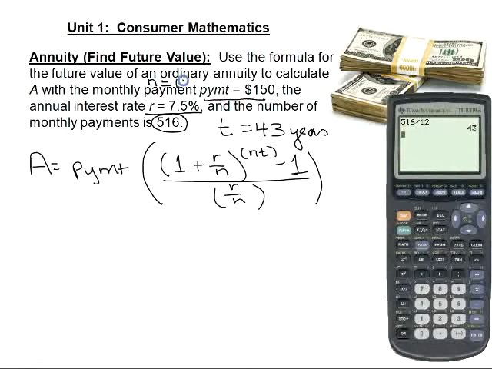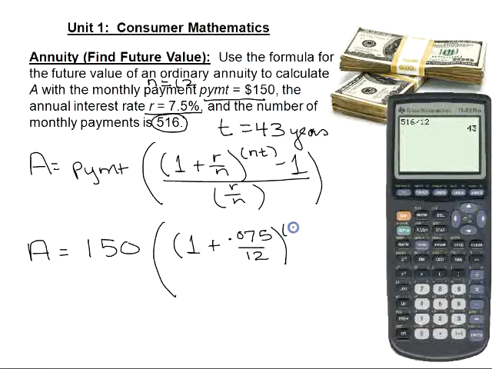And we're making monthly payments, so n is 12. So A is equal to 150 times 1 plus 0.075 over 12, raised to the 12 times 43 minus 1, all over 0.075 over 12.